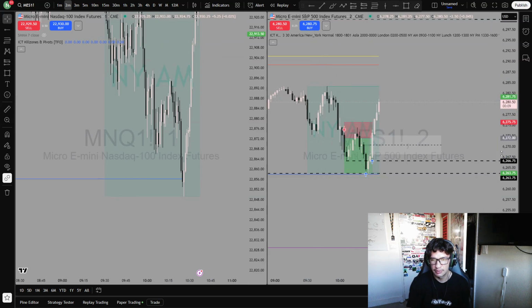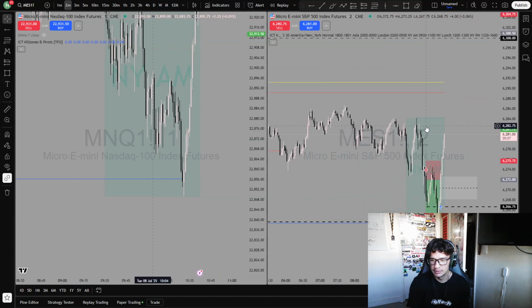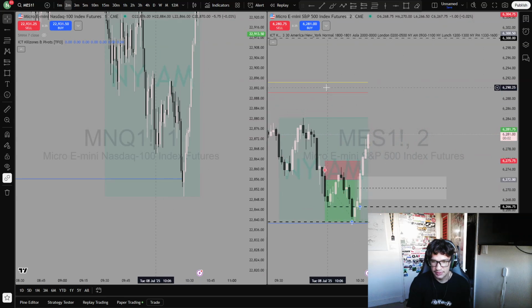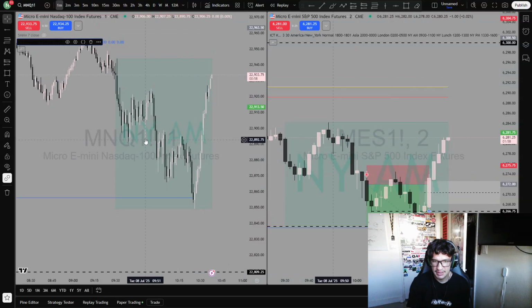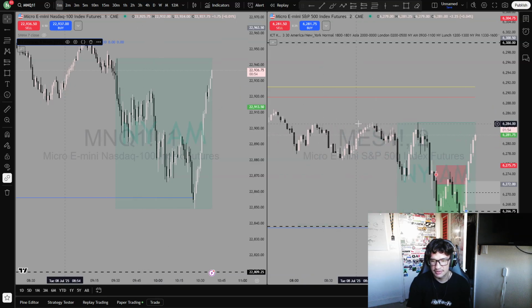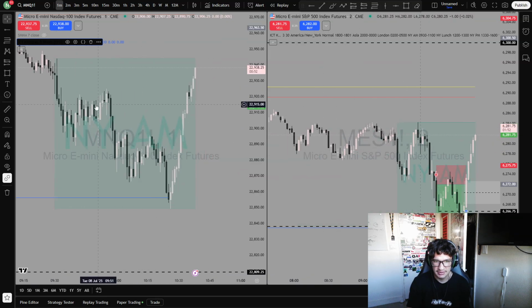The move for the day would have been up here, which honestly I really don't see any entries for on the 1 minute on the Nasdaq, but I do see entries right here. I mean, sorry, on S&P I don't see any entries on the 1 minute, but on Nasdaq I do.